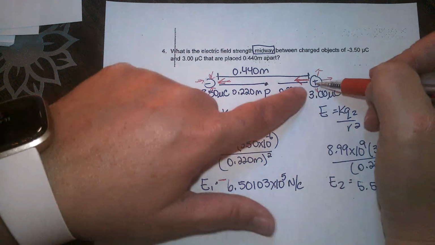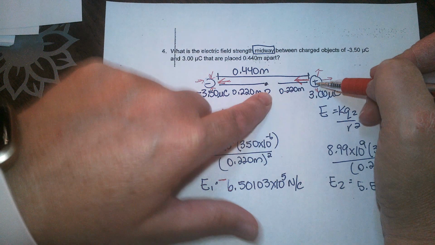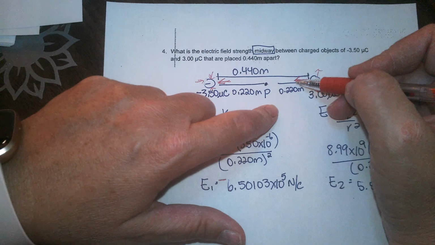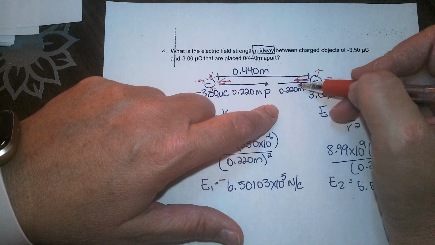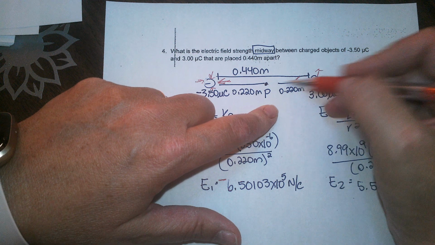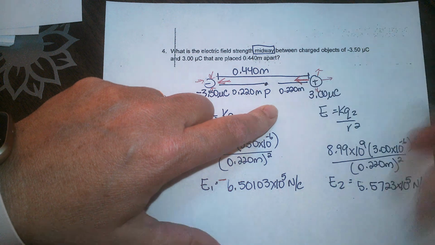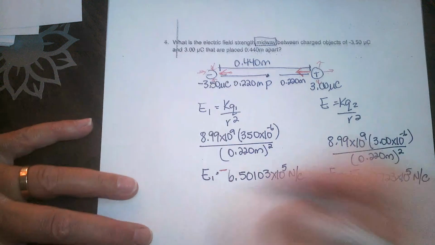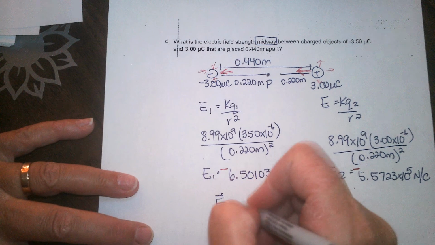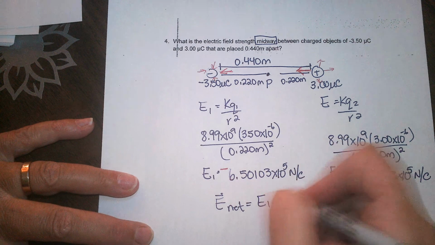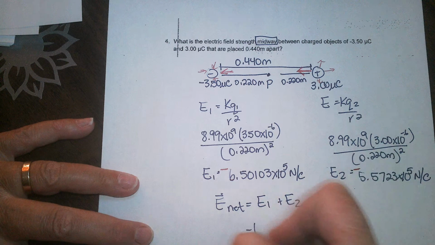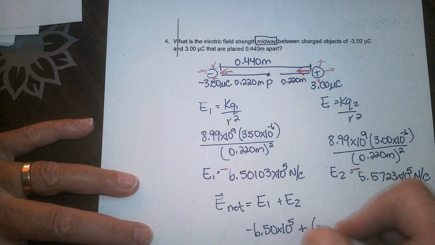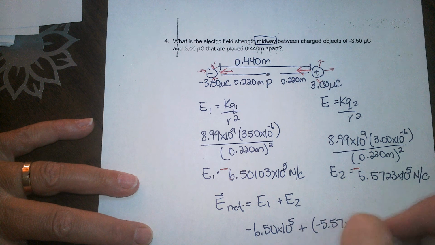Okay? On a positive charge, the field strength is flowing which way? Away from or towards point P? It's flowing towards point P. So it is also negative. So then when I look at electric field strength, it's going to be E1 plus E2. So negative 6.50 times 10 to the 5 plus negative 5.57 times 10 to the 5.